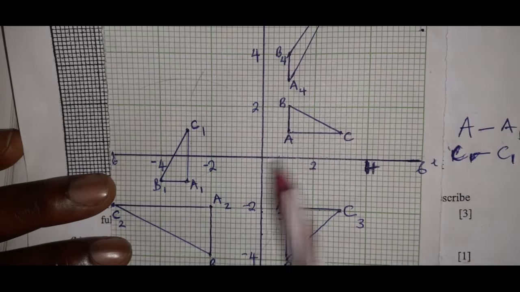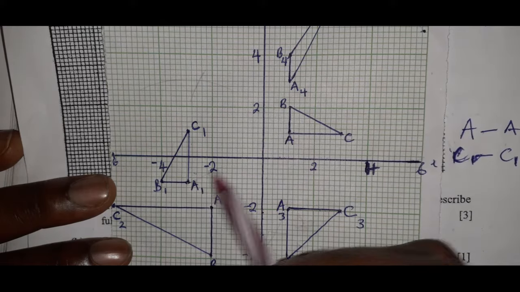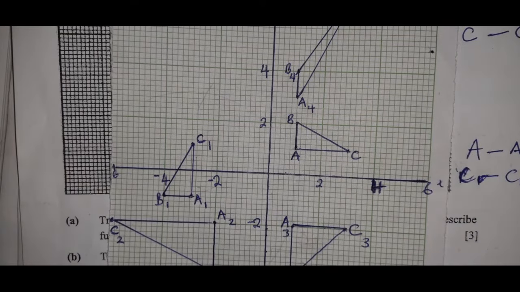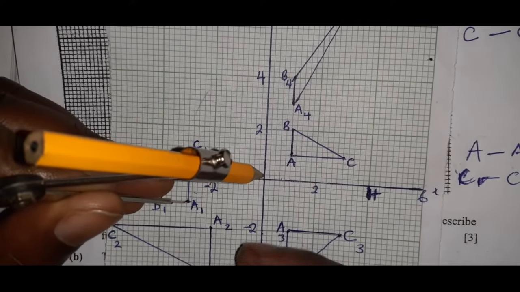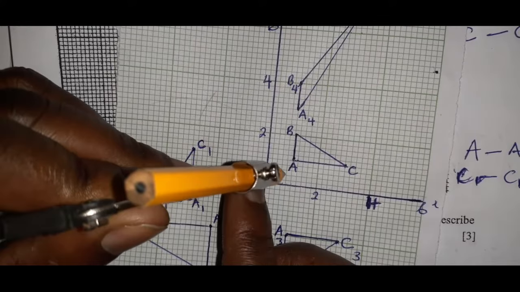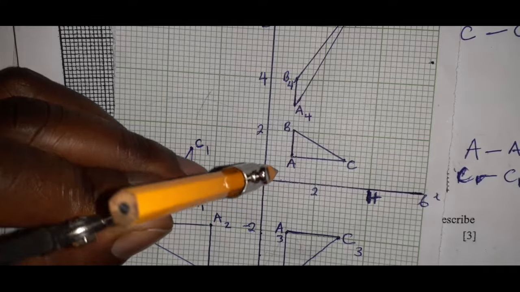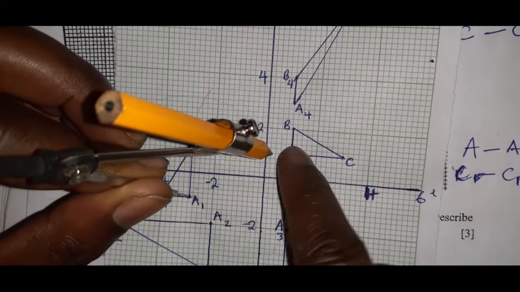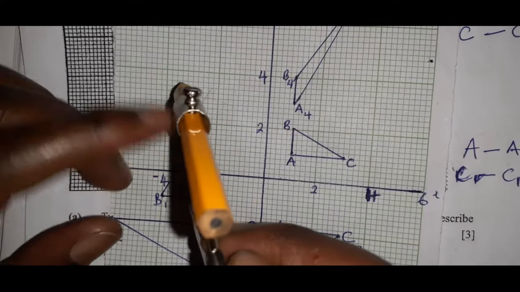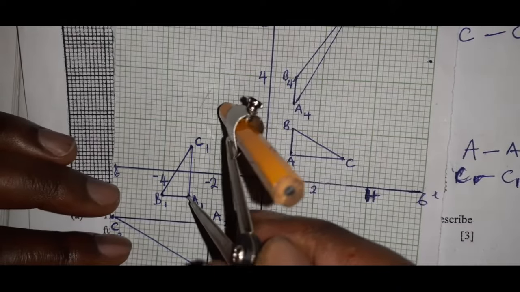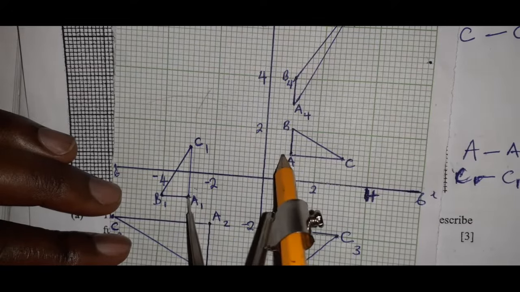When you join a straight line here, then you construct a perpendicular bisector. How do we construct a perpendicular bisector? We need to have more than half of this line here.